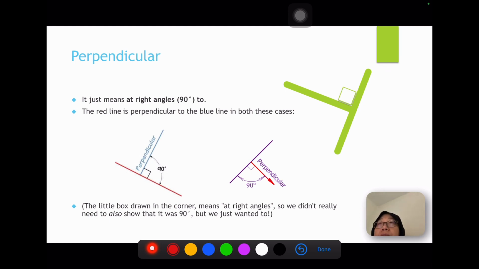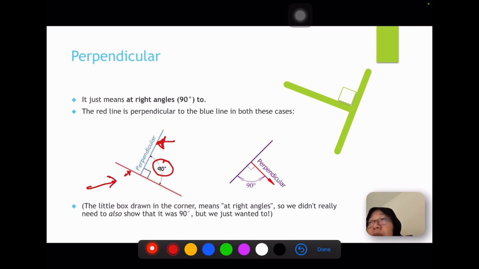Perpendicular just means at right angles. So when you place two lines, it must give you 90 degrees. So the red line is perpendicular to the blue line. Let us see here in this example, the red line is perpendicular to the blue line, when you see that the angle is 90 degrees.